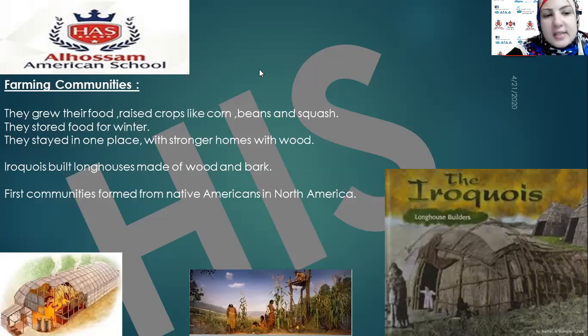They used to stay in one place. They are the opposite of the hunters. Hunters used to move from one place to another, while farming communities used to stay in one place with a stronger home made of wood. You see, this is the longhouse built by the Iroquois.